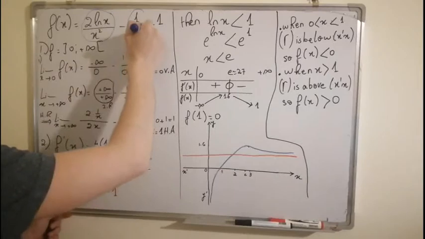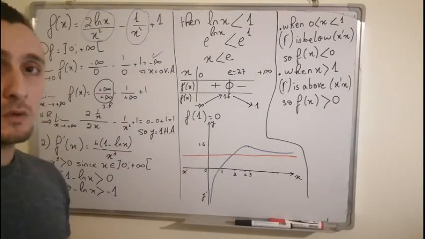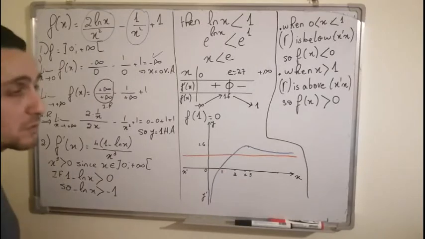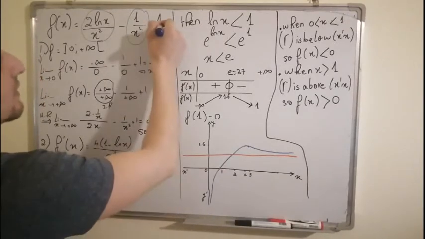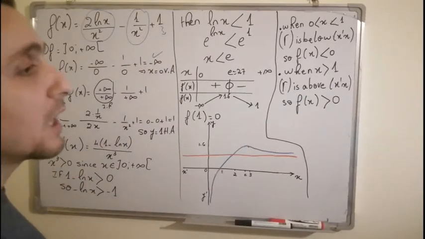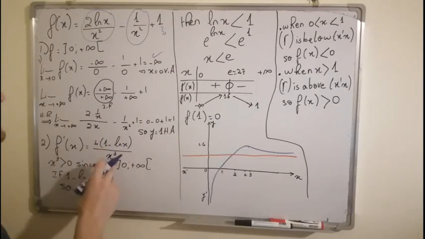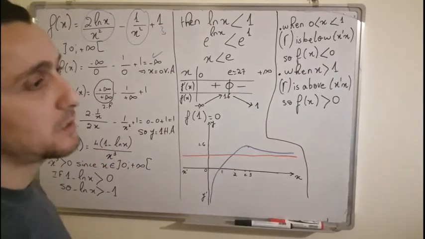This quantity is also in the form of u over v, so it's equal to u prime v minus v prime u divided by v squared, and the derivative of this term is equal to 0. After calculation, we obtain 4 times 1 minus ln x divided by x cubed.